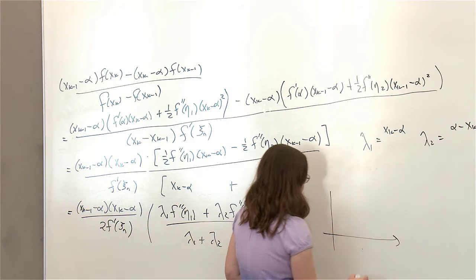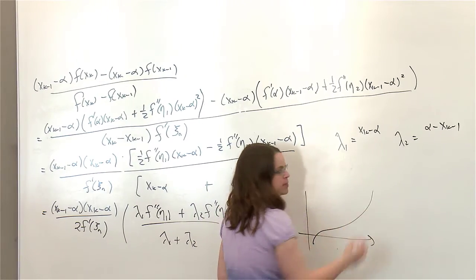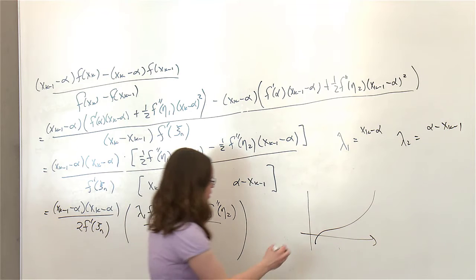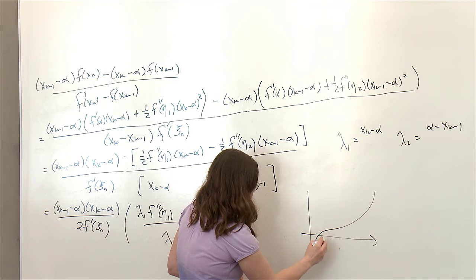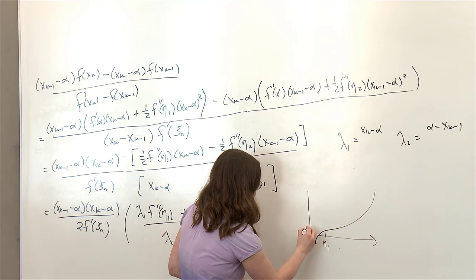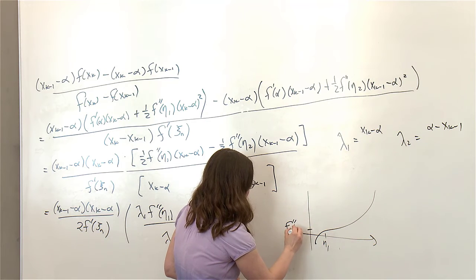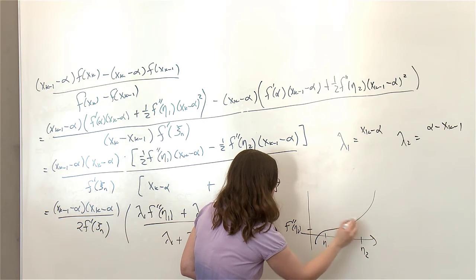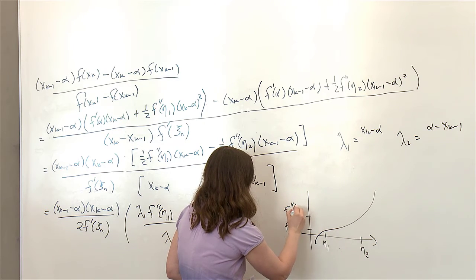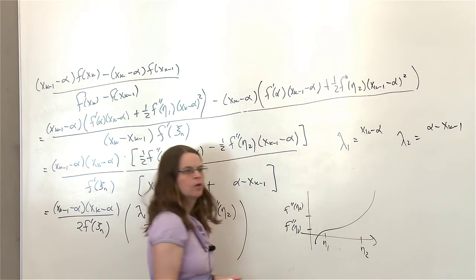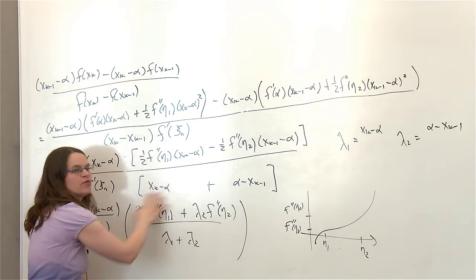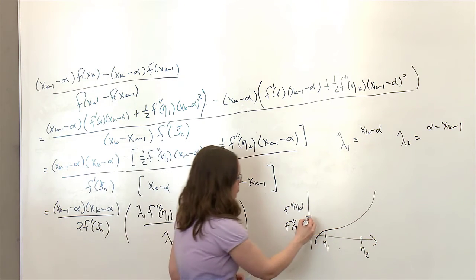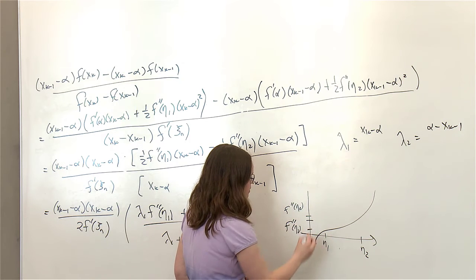So what do I have? I have that f double prime is some continuous function, and say this is my eta 1, this is my f double prime of eta 1, and maybe this is my eta 2, and this is my f double prime of eta 2. And now this is some value in between those. It's some average of them, right? So it's some value in here.